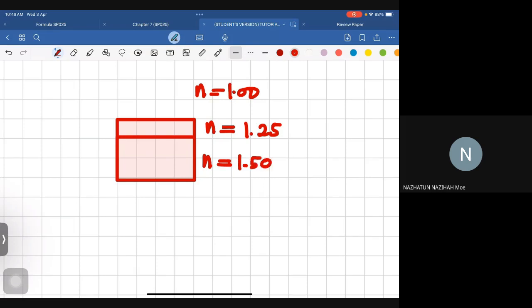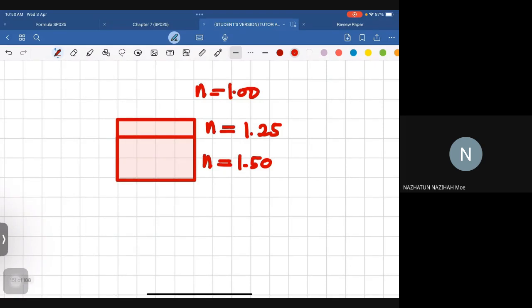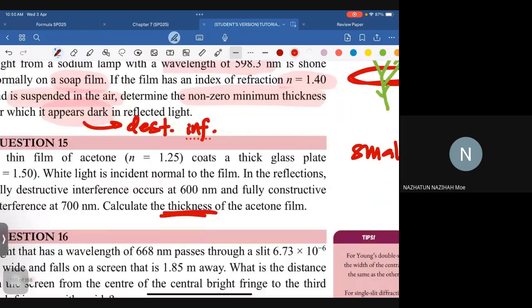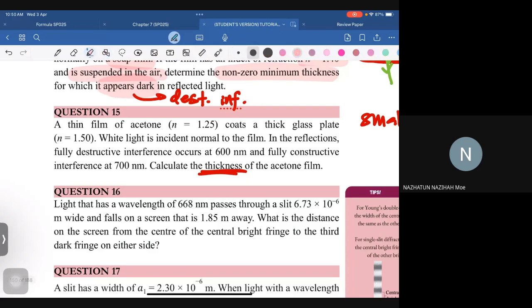So sekarang ni dia bagi tahu white light is incident normal to the film. Okay, so dia lurus je lah.